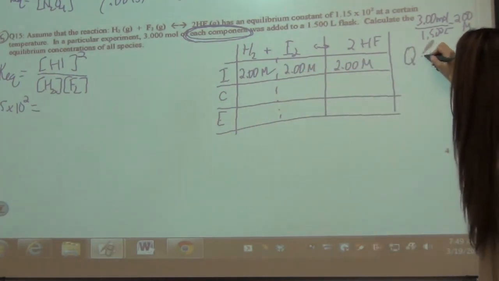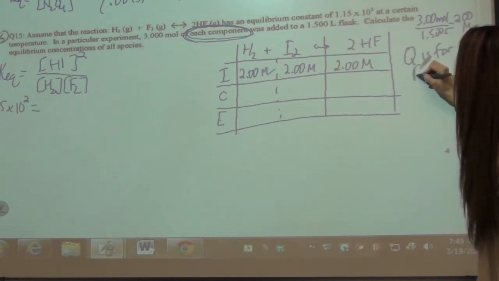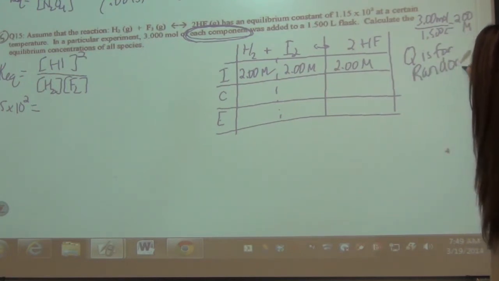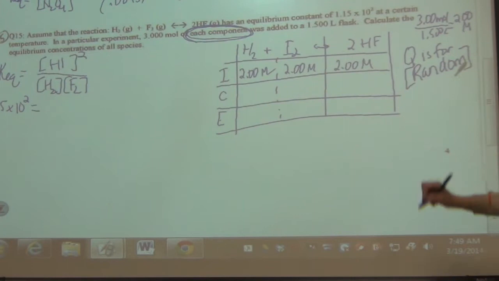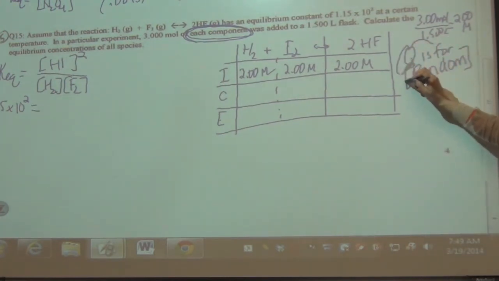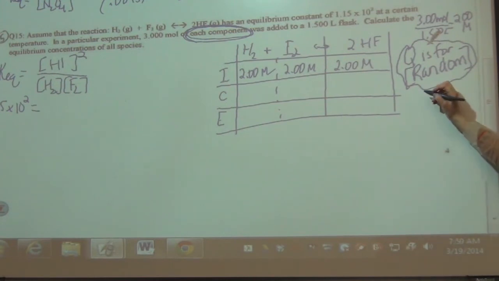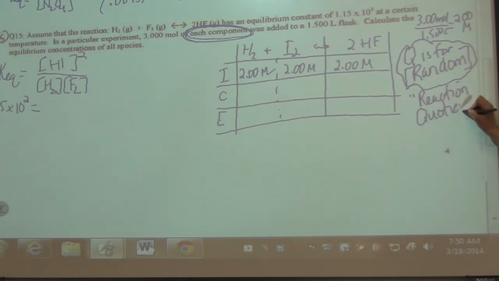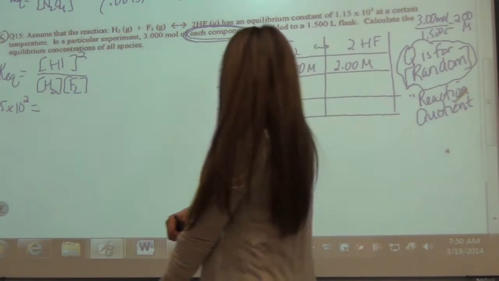So Q is for random concentrations, and it's called the reaction quotient. Okay, so let's try to calculate Q.